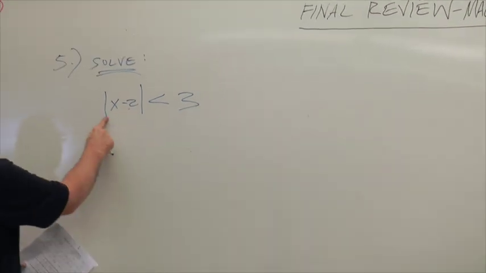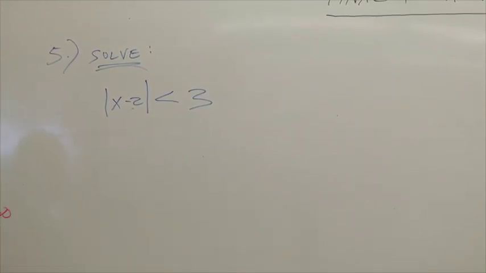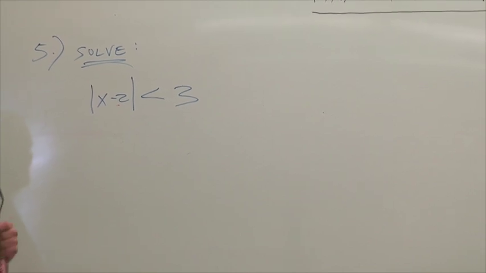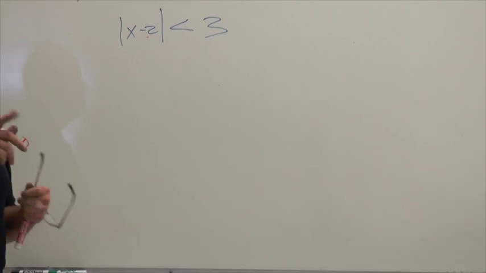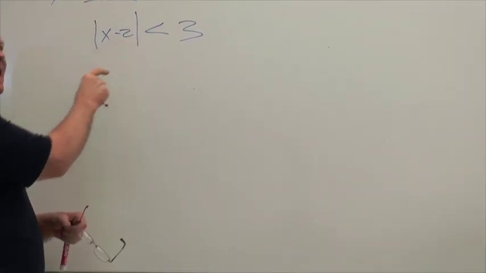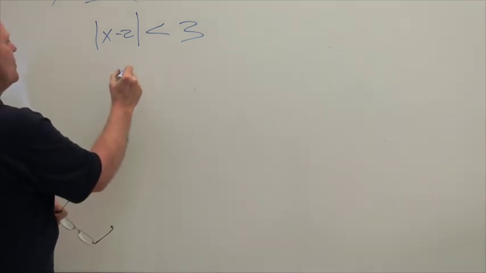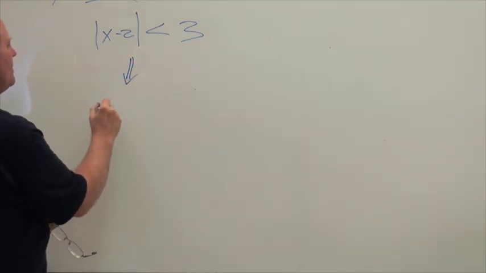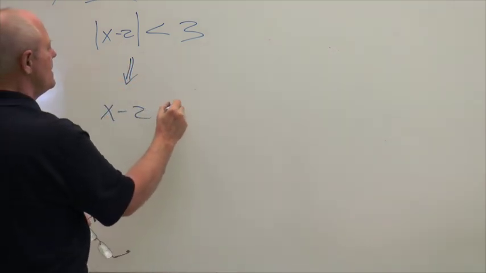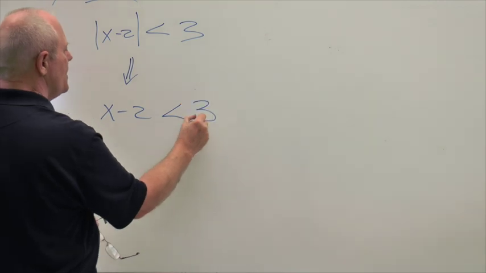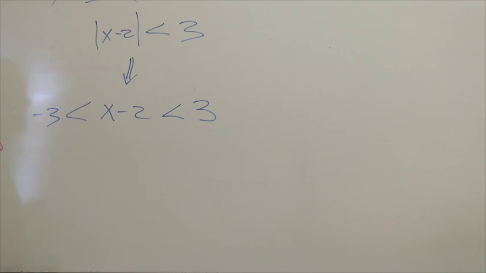Now, do you guys remember these? Or not? You probably hit this stuff in the beginning of the course. Once the absolute value is isolated on one side, you rewrite this as what? When this comes out of the absolute value side, this becomes a 3-part inequality when it's less than.